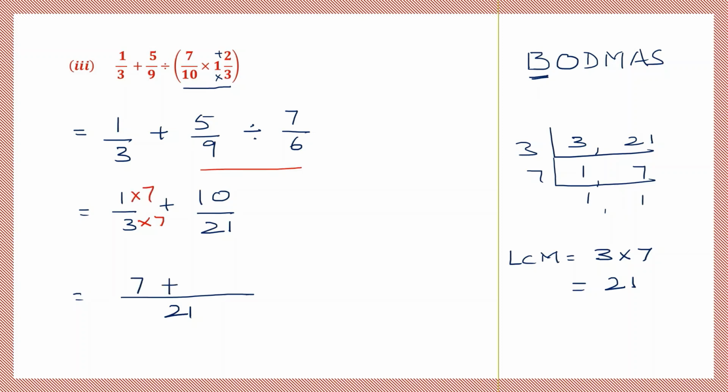Plus, now here 21 into 1, so 10 into 1. 10 ones are 10. So 7 plus 10 is 17 and the denominator is 21. Now we can't reduce this further and it's a proper fraction, so we don't have to convert. So this is our final answer, 17 by 21.